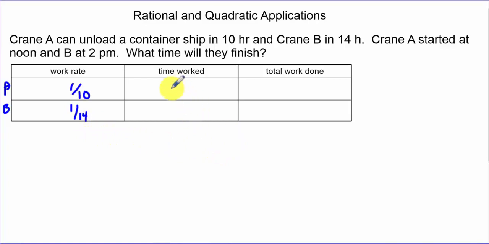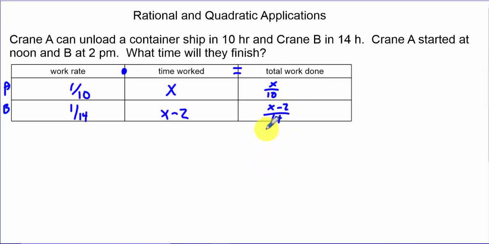The amount of time worked, well, I don't know the exact amount of time they work because I don't know when they finish. But I know if Crane A starts at noon, he's going to work until he finishes, which is X. Crane B starts at 2, he's worked 2 hours less. And if you take the work rate, multiply by the time worked, you get the total work done. So this is X over 10, and this is X minus 2 over 14.